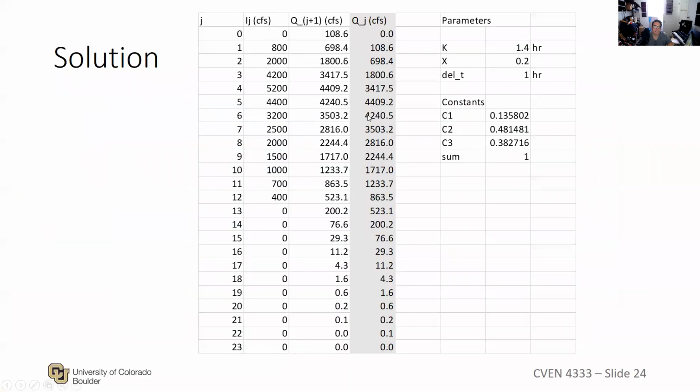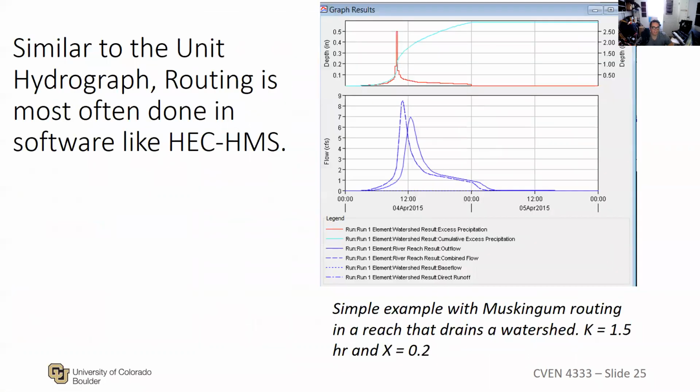The last thing I'll say is that it's really important for us to know how to do these things, set up our time series, and understand how the equations combine. But there are definitely software programs that will do this. Routing is an integral component of all sorts of water engineering models, such as HEC-HMS for hydrology, and infrastructure models like RiverWare.